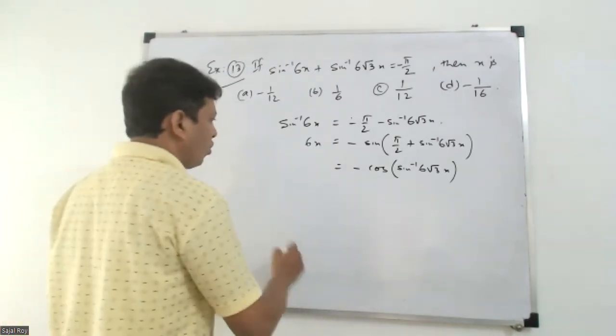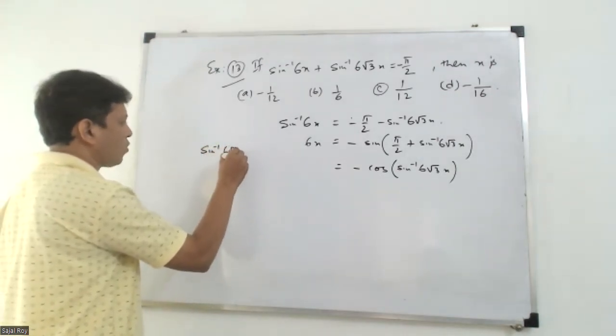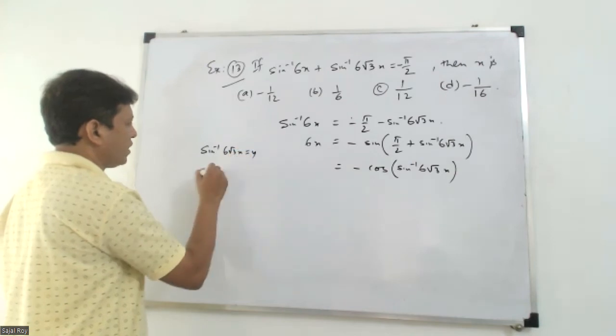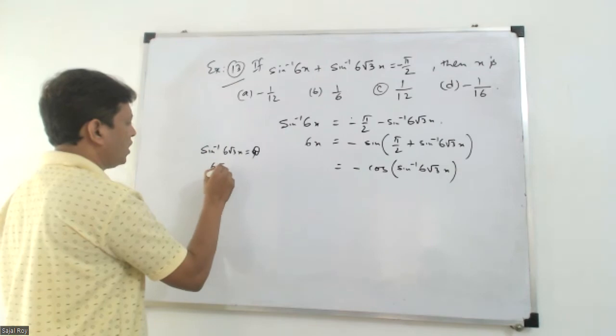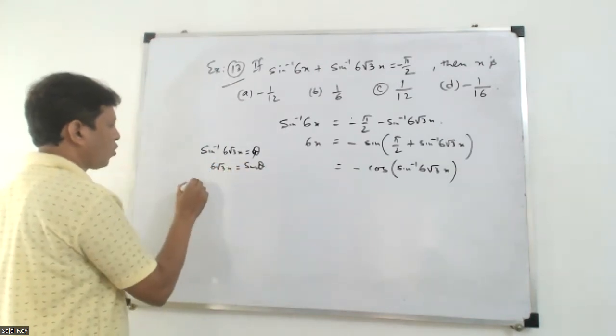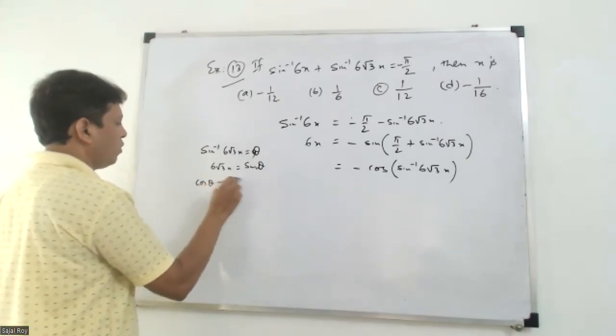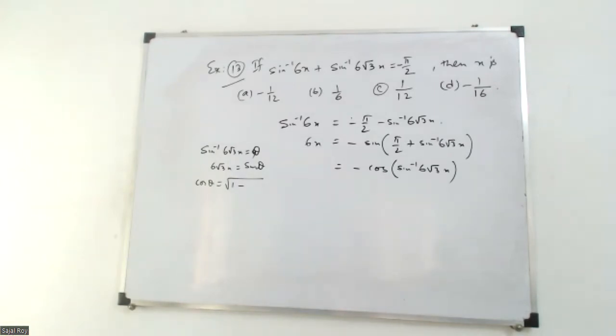Now, suppose sin inverse 6 root 3 x equals theta, then 6 root 3 x is sin theta. Then what about cos theta? Cos theta will be root over 1 minus 36 into 3, 108, x squared.